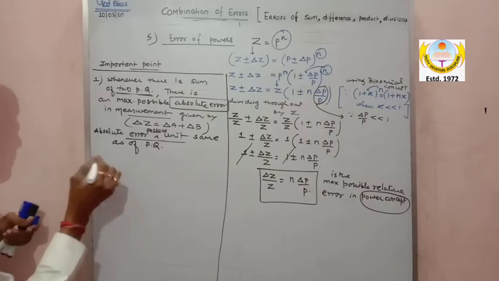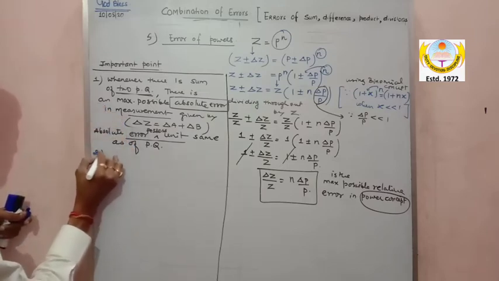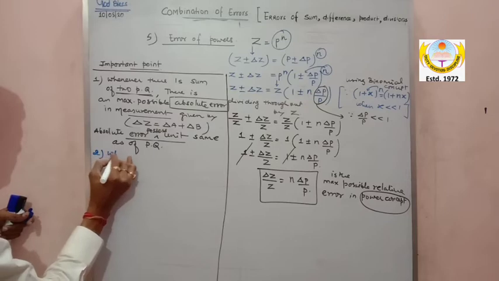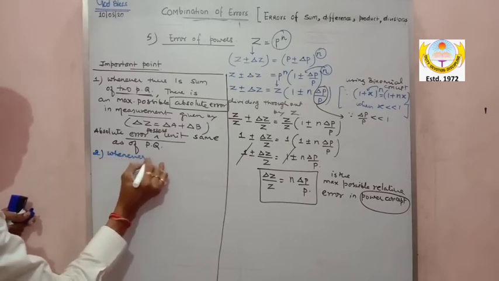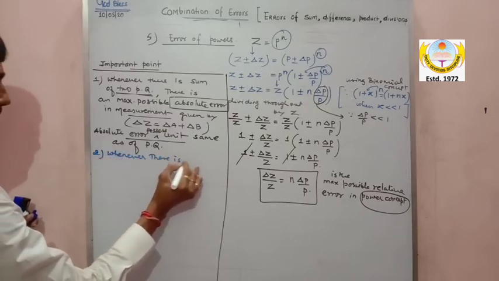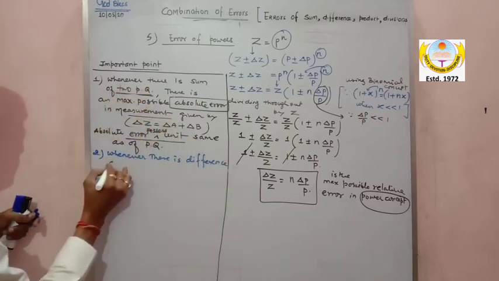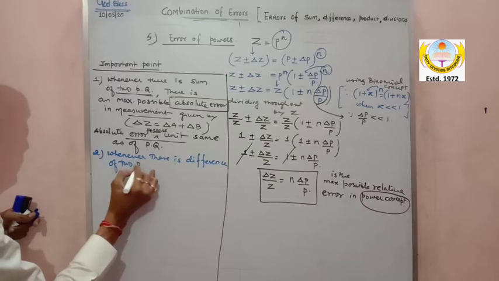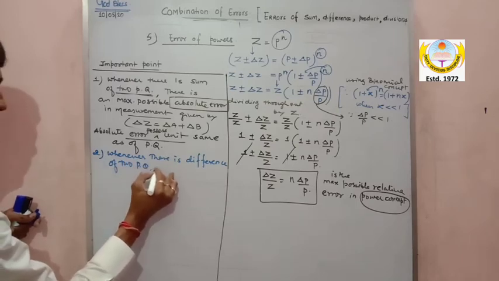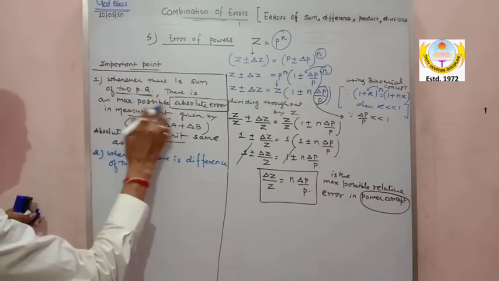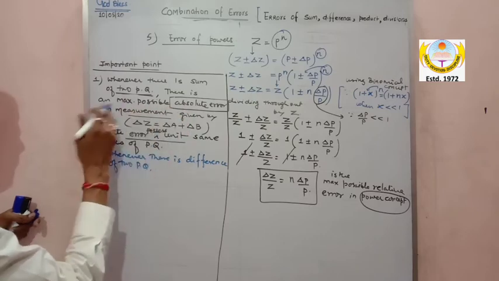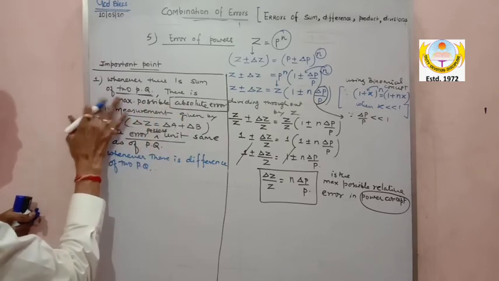Similarly, let's go to the next one. Whenever there is a difference of two physical quantities, there is a maximum possible absolute error in measurement.